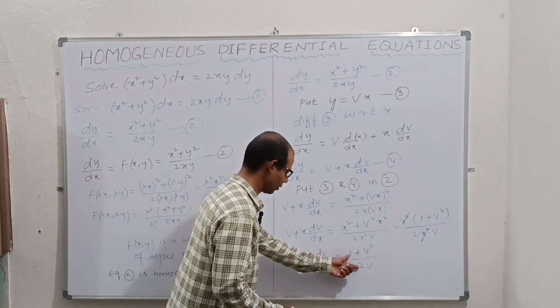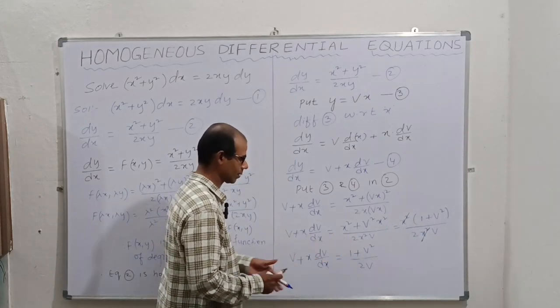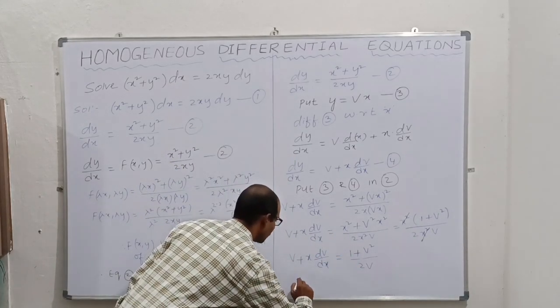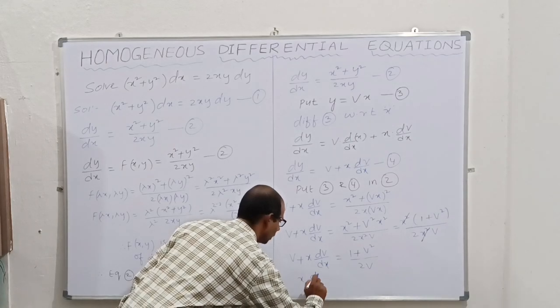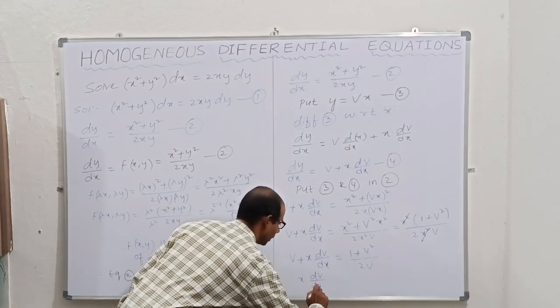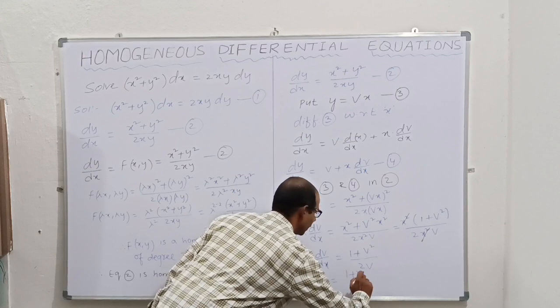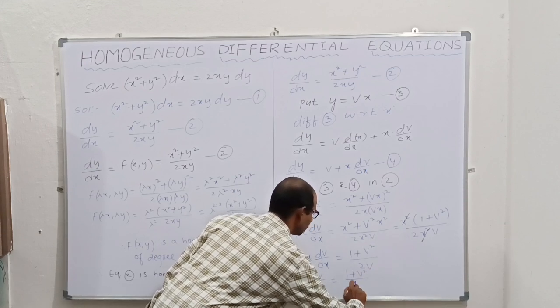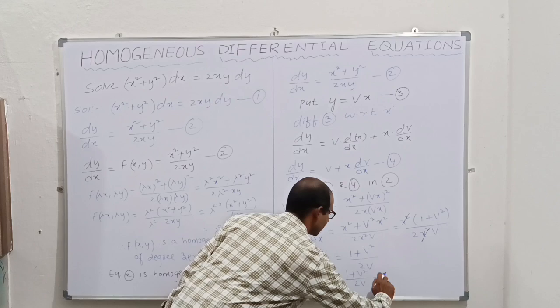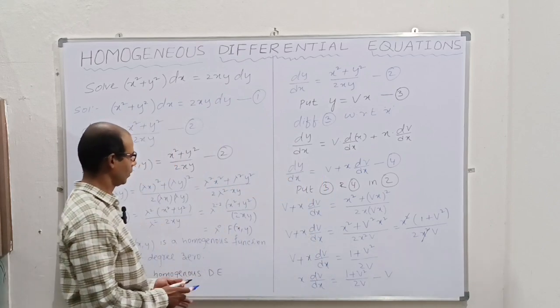Next, these are the v terms. Here v is there, move this v to the other side. So therefore x into dv upon dx is equal to 1 plus v square upon 2v minus v, right?